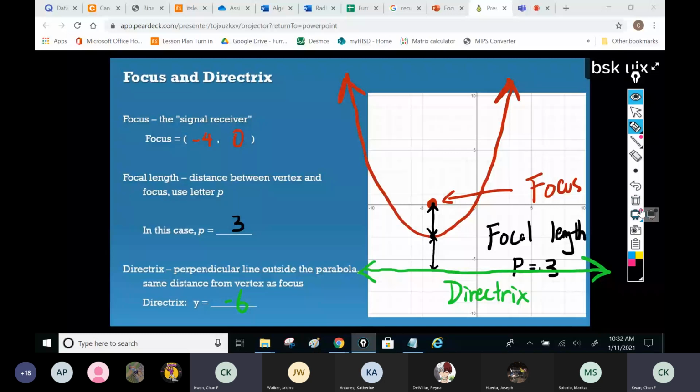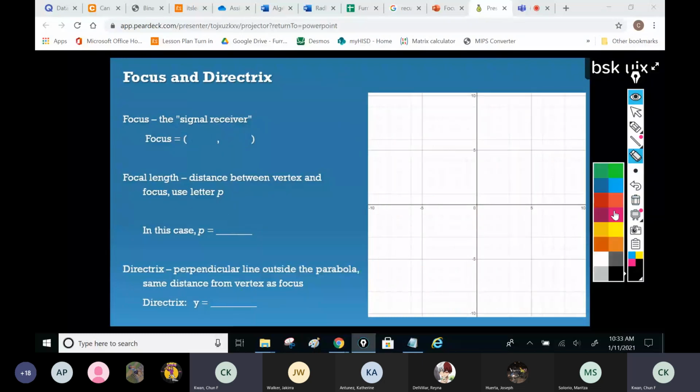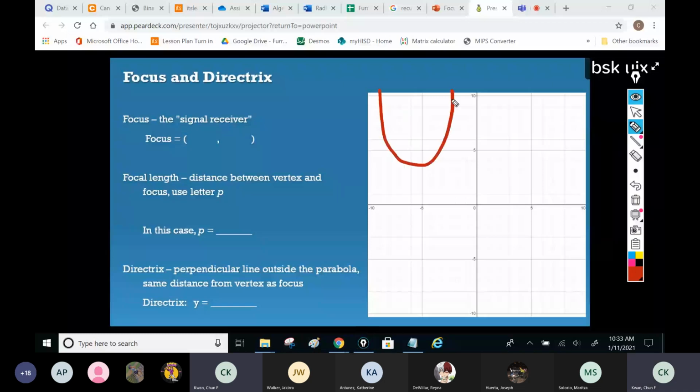So this whole setup, focus, focal length, directrix, works no matter which way the graph is pointing. It doesn't matter too much about the orientation. You always have these three things. In other words, it doesn't matter which orientation the curve is. The curve could be like this, right side up.